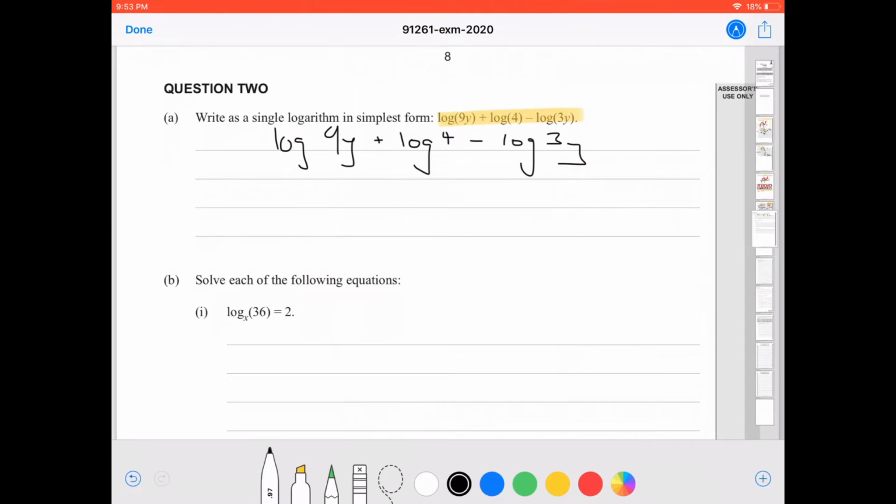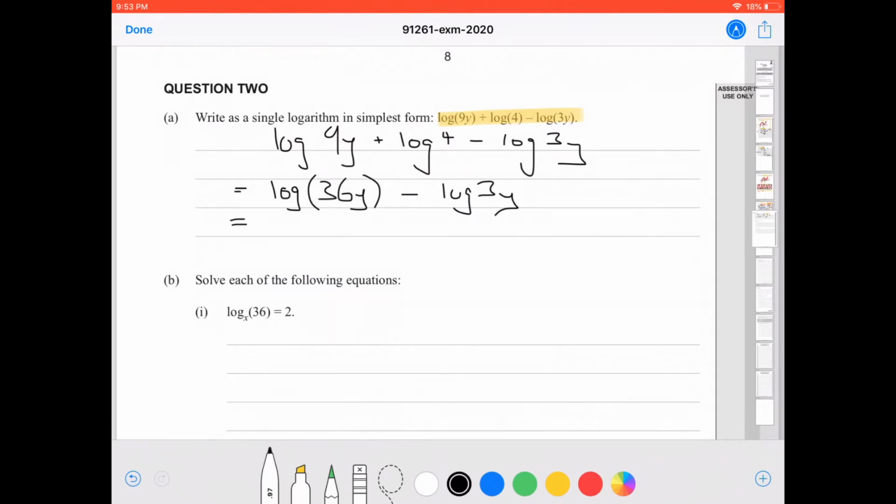So standard, just log rules. If we're adding logs, that means we multiply the brackets. So this looks like log, we combine the two logs and we say 9y times 4, which is 36y. And then minus log 3y still there.